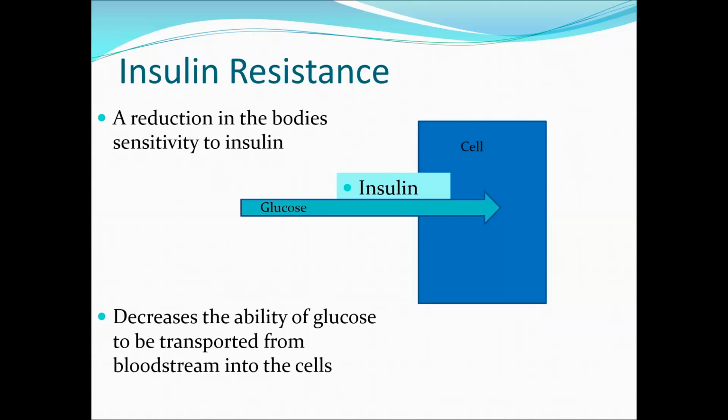Lydia says the pancreas. Excellent. Lydia is correct. It is the pancreas. Anybody know where the pancreas is located? By the stomach. Excellent. So it is just past the stomach, located alongside the duodenum, or the first part of the small intestine.